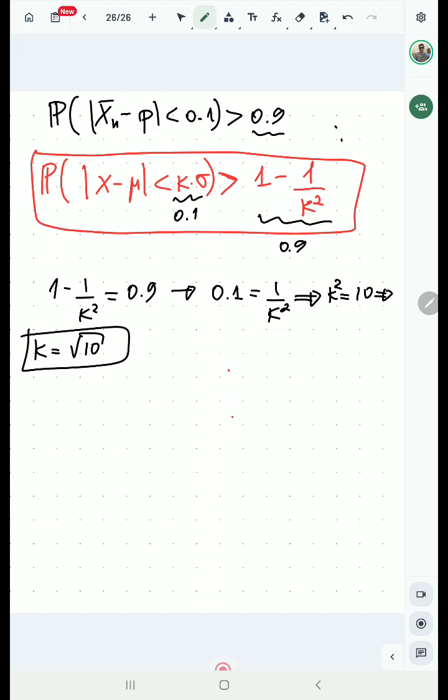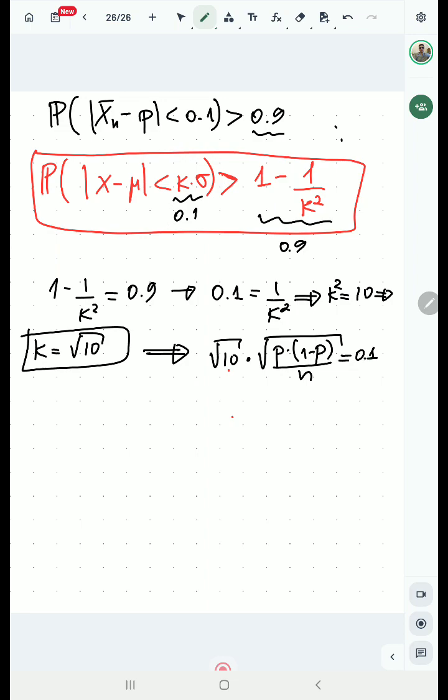Okay, nice. Now this is our k, and we said that k sigma should be equal to 0.1. So this implies that square root of 10 times the standard deviation. We know that the standard deviation of x bar is what? It's equal to the square root of p times 1 minus p over n. And that thing should be equal to 0.1 by definition here, right?